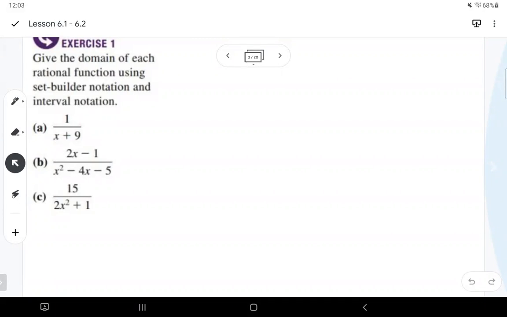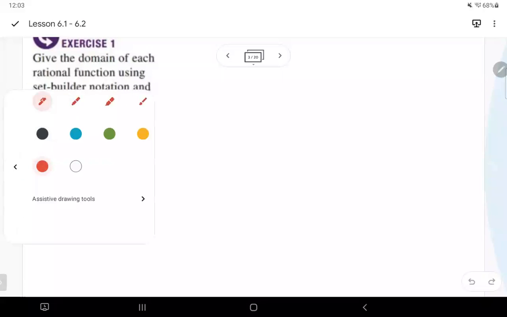So here what we're being asked to do is to find the domain of each rational function using set builder notation and interval notation. Okay. So remember, we just said that we don't want q of x to be 0.